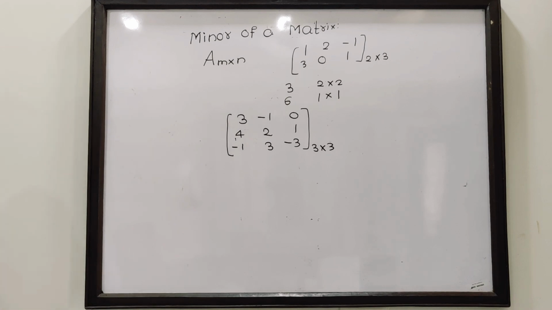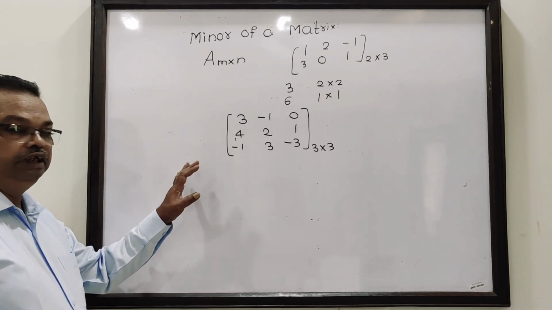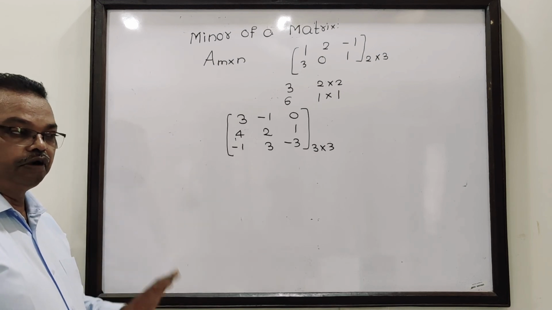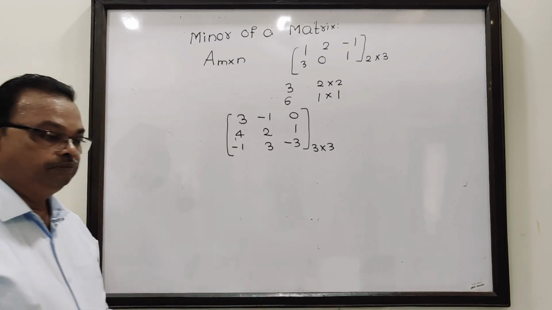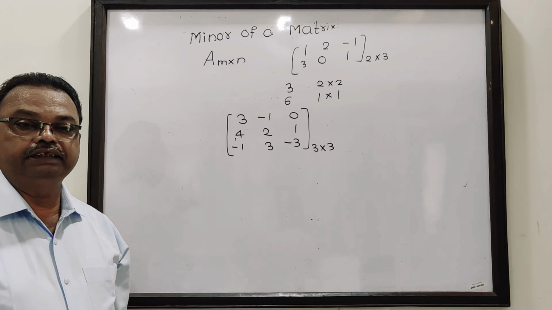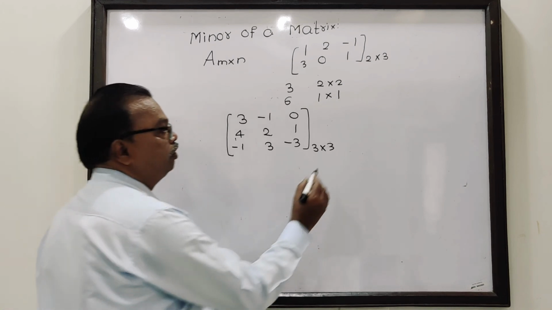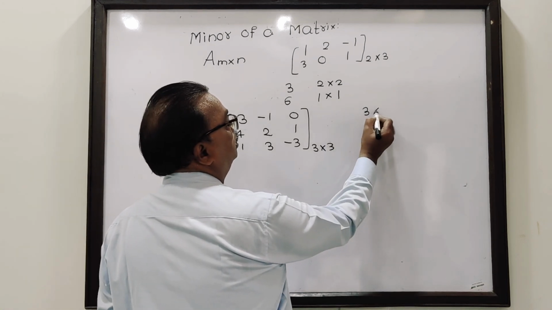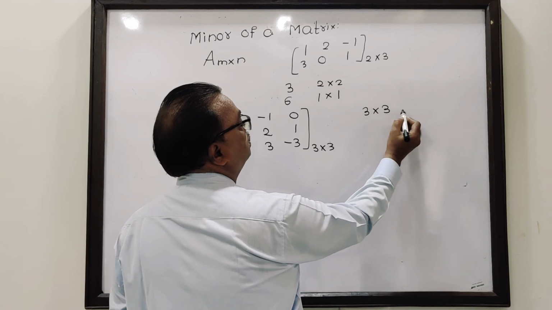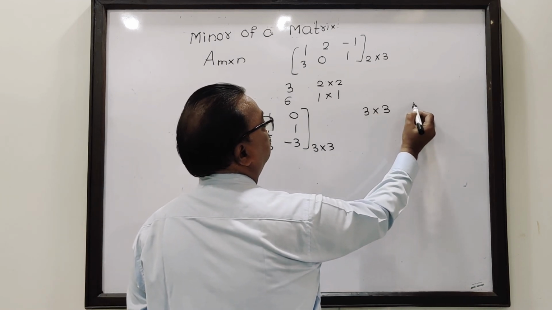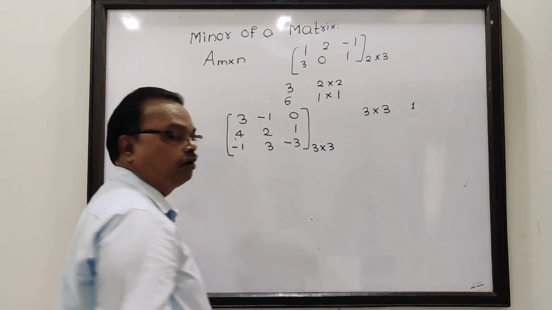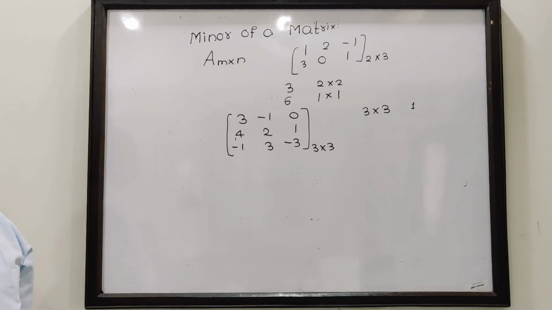Then how many subsquare matrices are there? Listen, the matrix of order 3 by 3 itself can be taken as one of the subsquare matrices. Therefore there is 1 subsquare matrix of order 3 by 3, so there is 1 minor of order 3 by 3.